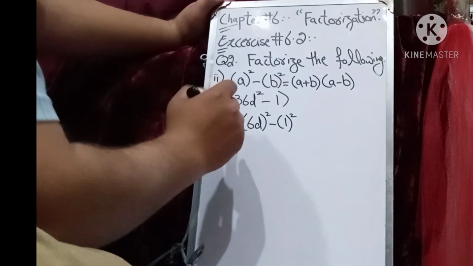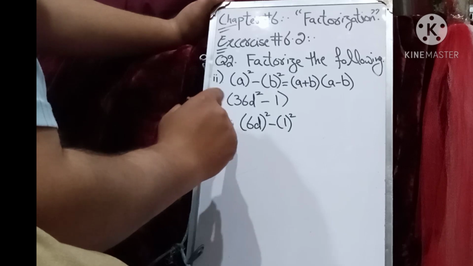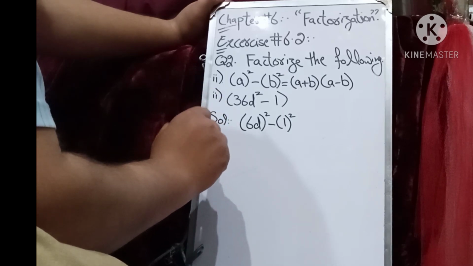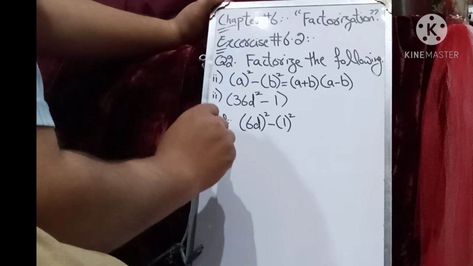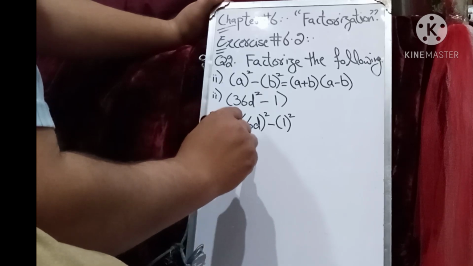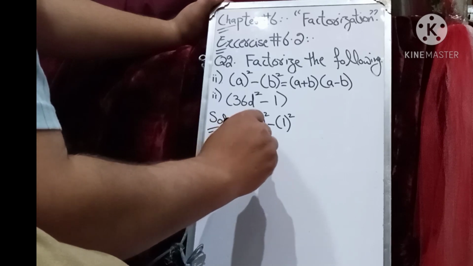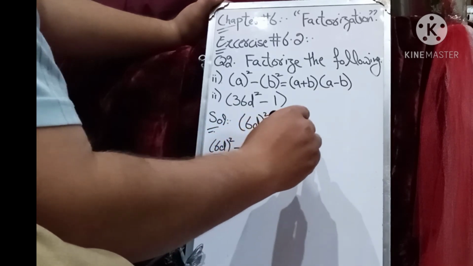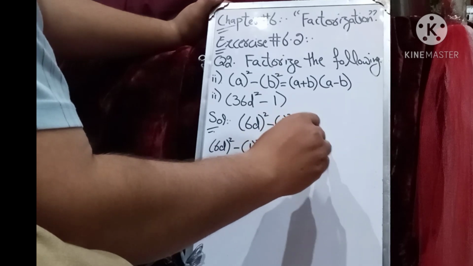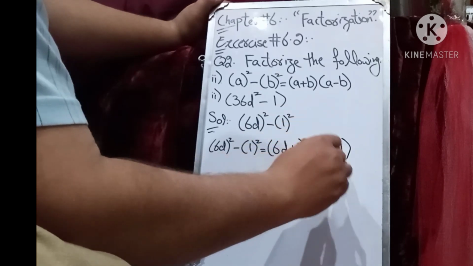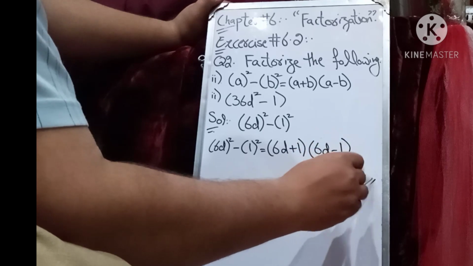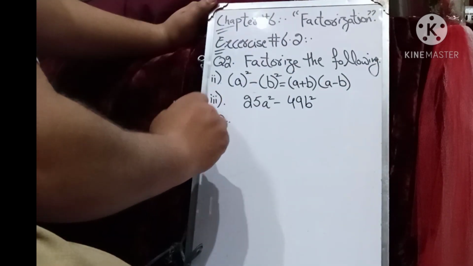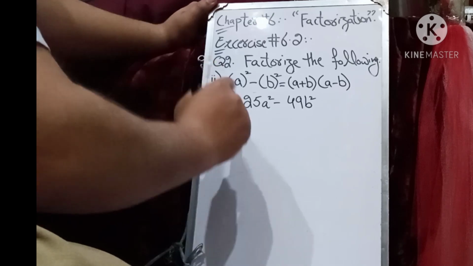So you write (6d) whole square instead of 36d square, and you know that 1 is the perfect square of 1. So you can write 1 whole square. So this again becomes like a formula a square minus b square. So you will write (6d plus 1) into (6d minus 1), which is our required answer.